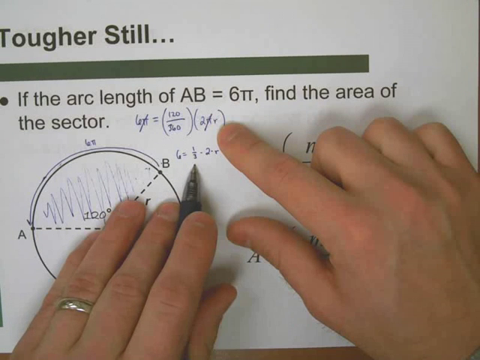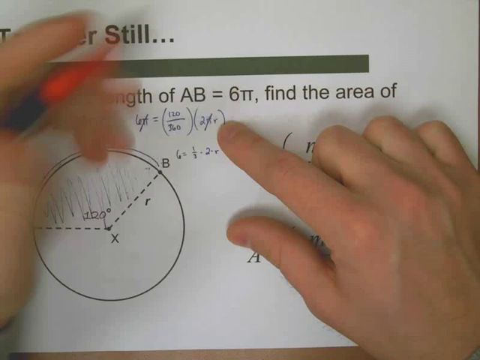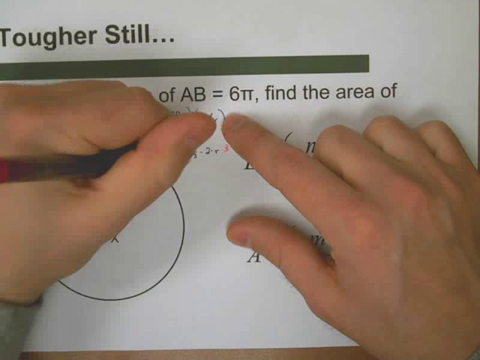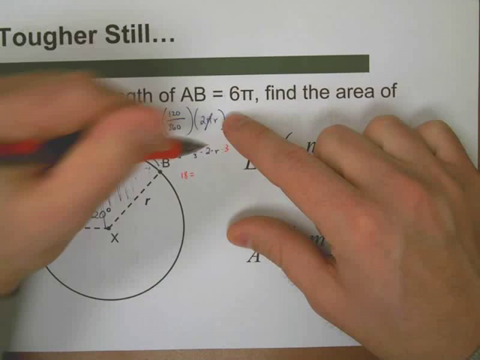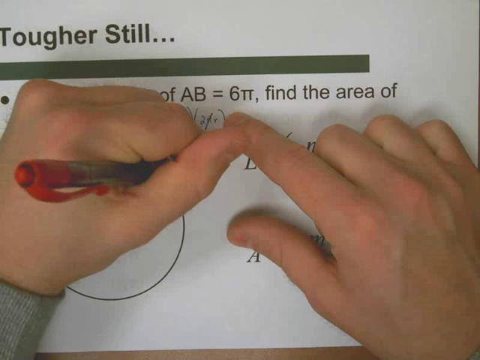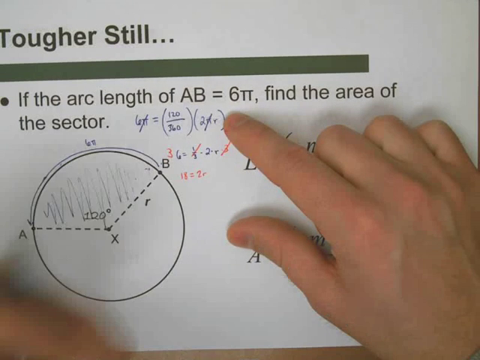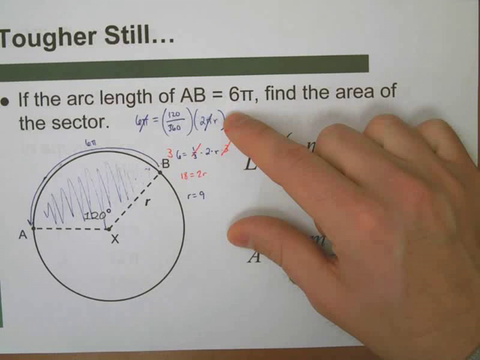I would multiply by 3 on both sides, because 3 times 6 is 18. Great. But 1/3 times 3, those go away. So I'm left with the 2 and the r. How about that? Looks like the r is equal to 9. The radius of this shape is equal to 9 units.